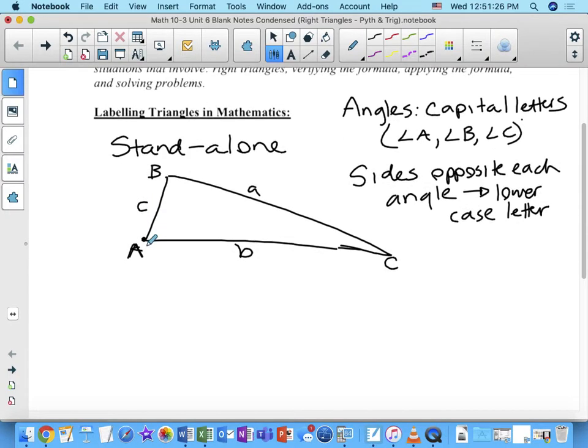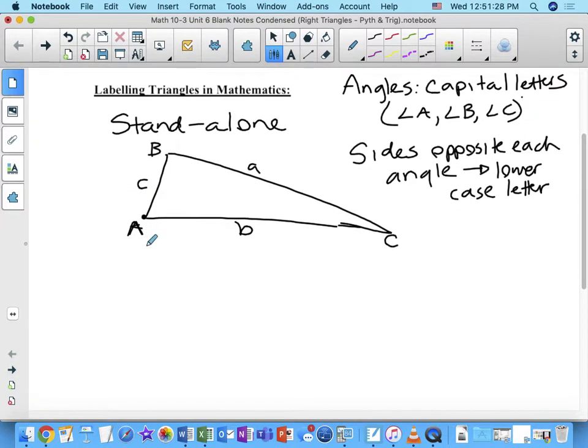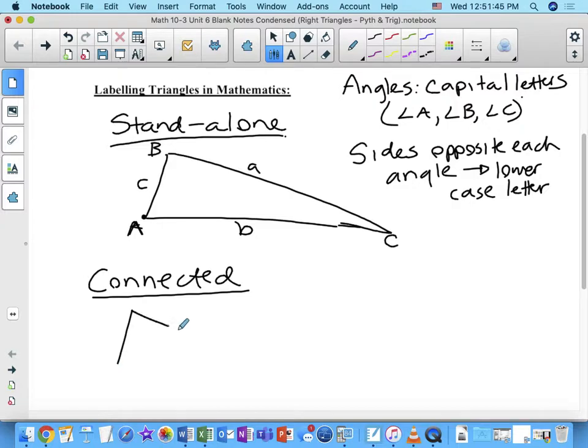But the other scenario is when you have connected triangles. And then this method kind of breaks down. Okay, so let's say I have a picture that looks maybe something like this.